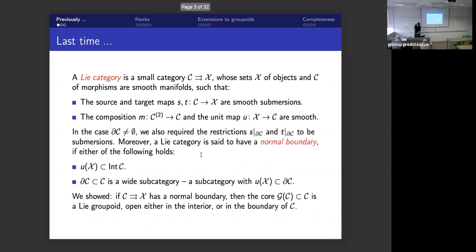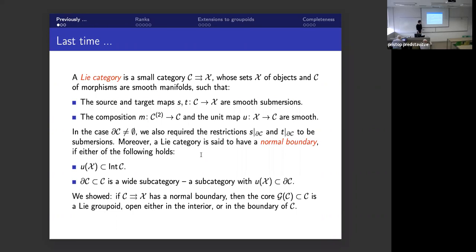And moreover, we always require the manifold of objects to have no boundary, but we permit the manifold of arrows, so of morphisms, to possess a boundary.